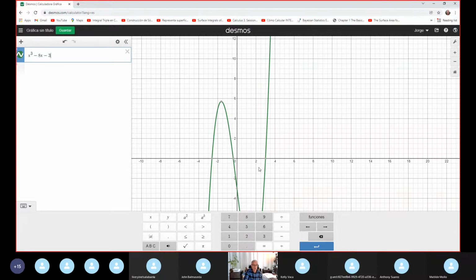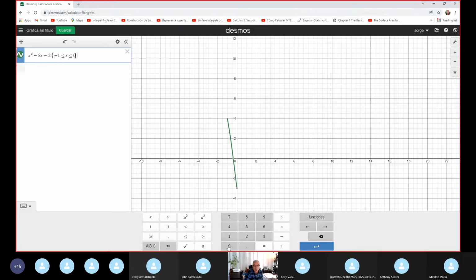However, I want to focus on one specific interval. To focus on one interval, I recommend that you open on your keyboard the restriction curly bracket, and you specify the interval you want: negative 1 less than or equal to x, less than or equal to 0.